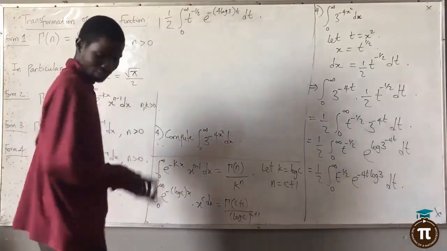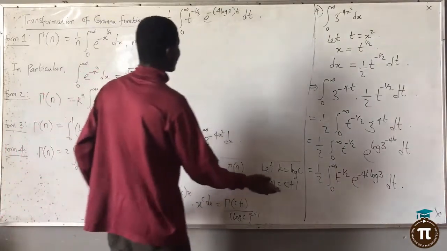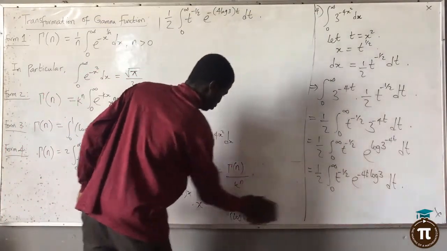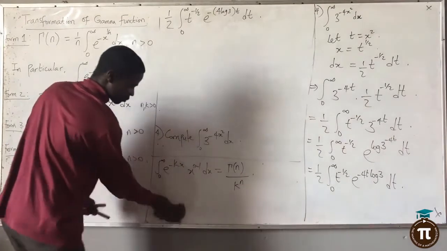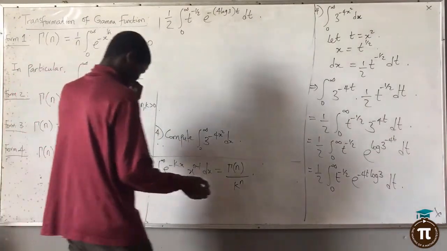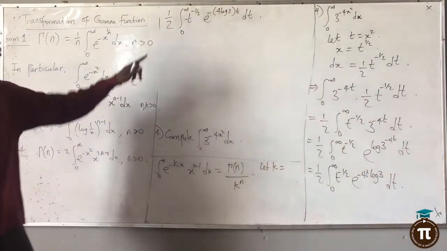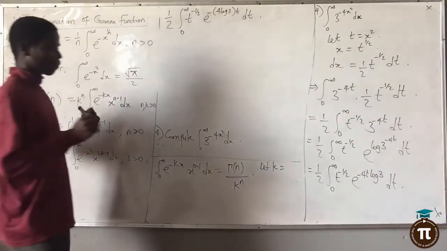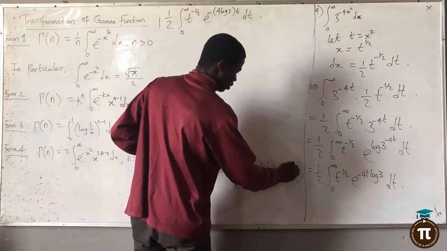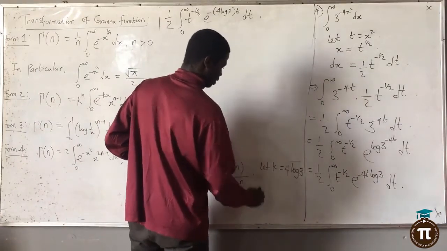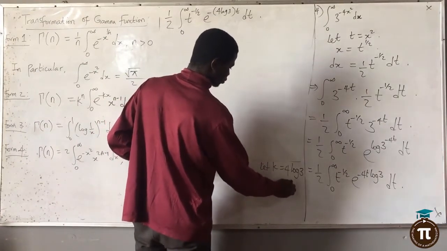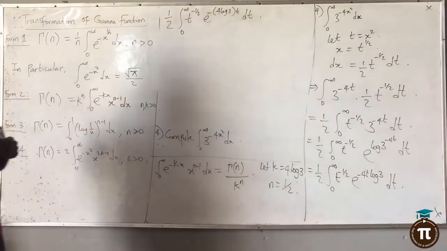Let's look at it. So in this case again, this is what we are going to use to substitute now. Let k be 4 log 3, and let n be 1 over 2.